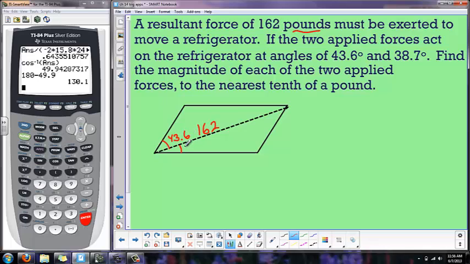And this angle right here is 38.7. Find the magnitude of each of the 2 applied forces to the nearest tenth of a pound. So it wants us to solve for both of those. It wants us to solve for x, and it wants us to solve for y.